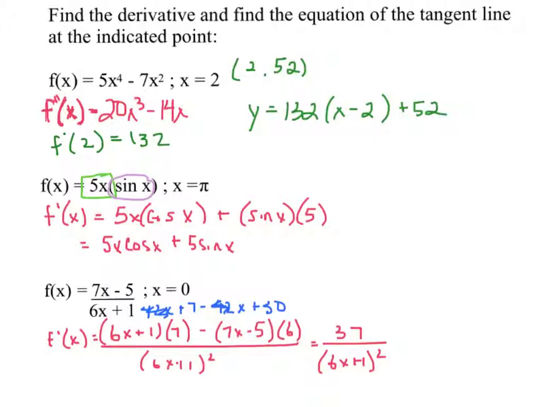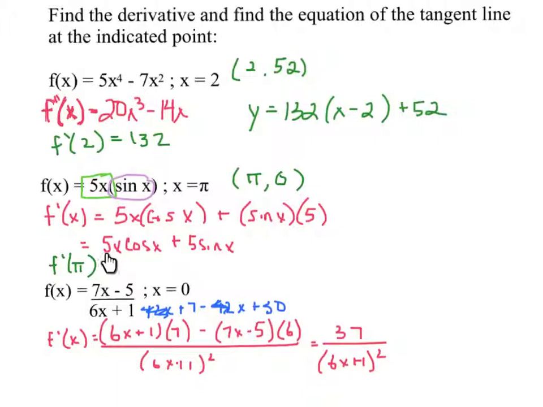Alright, well let's go down here. I know x is pi. To get the y coordinate, I plug pi in here, so 5 times pi times the sine of pi, which is 0. Well, 5 pi times 0 is 0. To get the slope, I would do f prime of pi, so just plug pi in here.